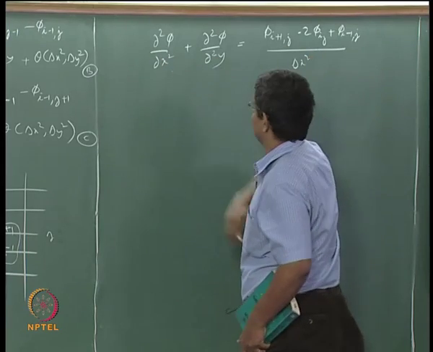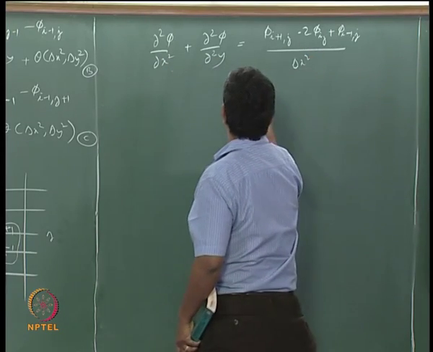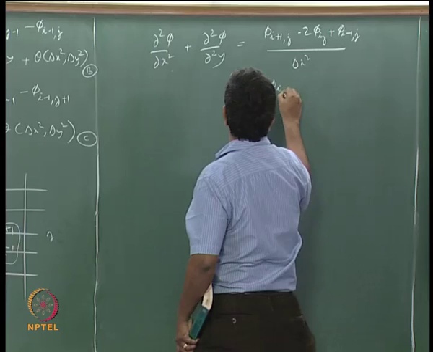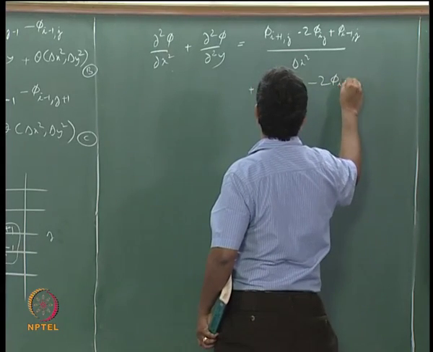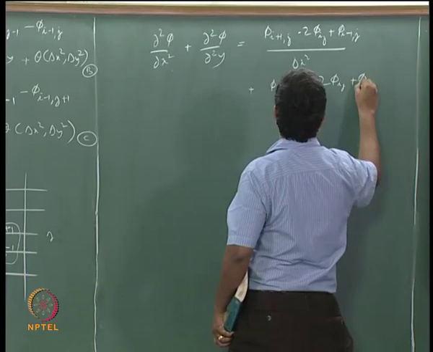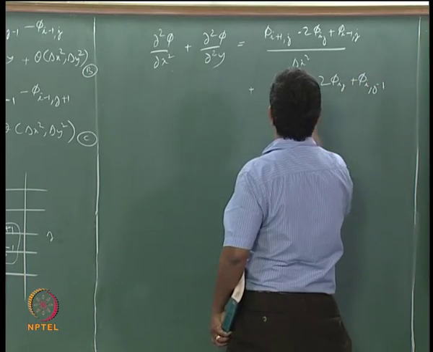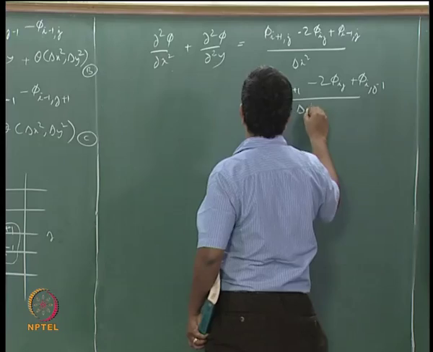So that is the approximation for this, and for this we will have plus phi i j plus 1 minus 2 phi i j plus phi i j minus 1 divided by delta y square.